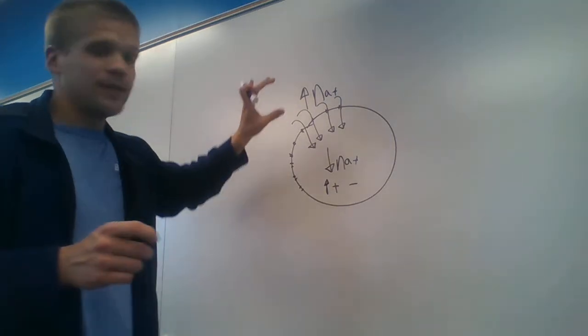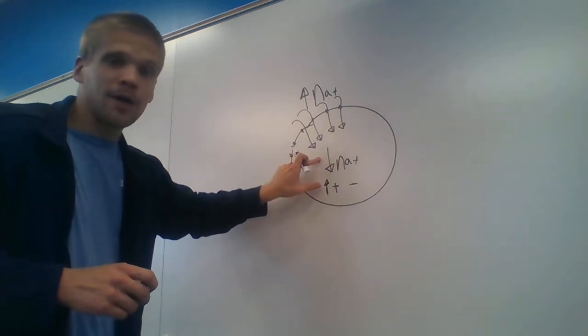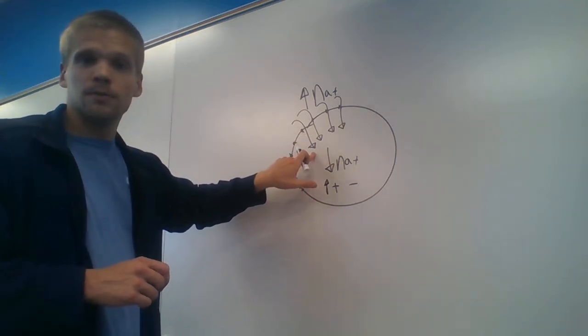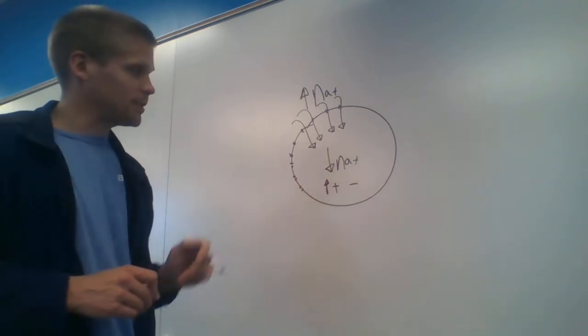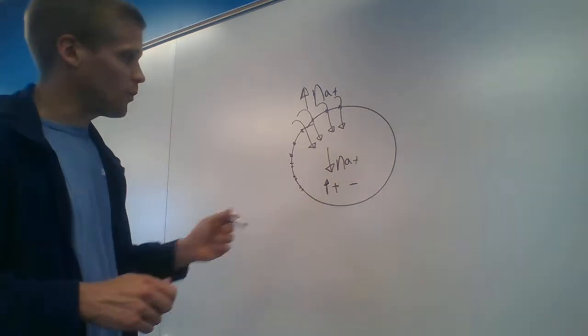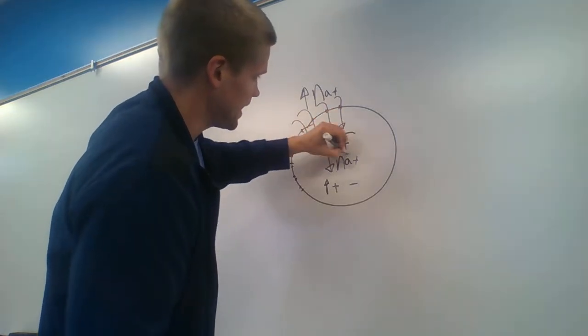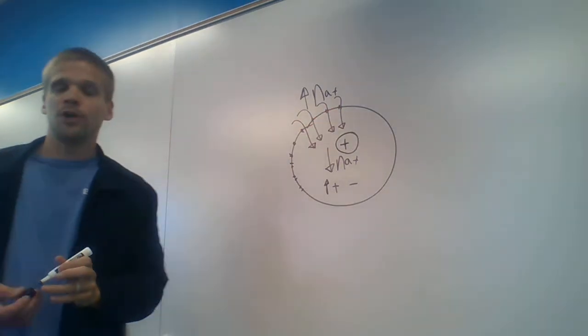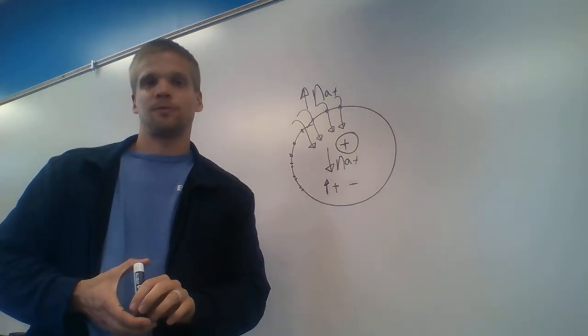You're bringing sodium ions into the cell and increasing the number of positively charged ions in relationship to negatively charged ions. So what do you think is going to happen to the interior? It's going to start developing a net positive charge. The inside of the cell is going to start to become positive.